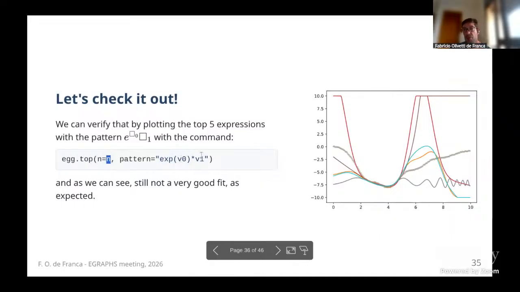This is going to extract all of the expressions that contain this pattern. So this pattern doesn't necessarily need to be at the root of the expression. It can be inside the expression as a sub-expression. And it's going to filter down all those that are actually evaluated and then return the top n of them, right?